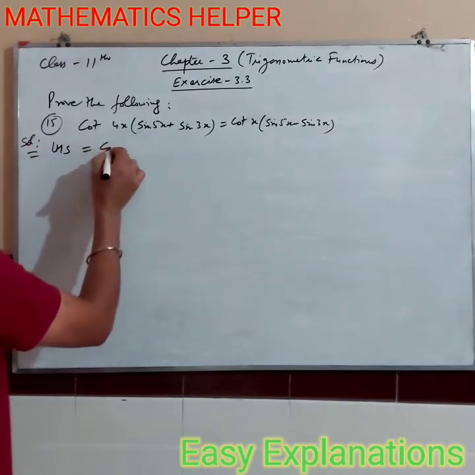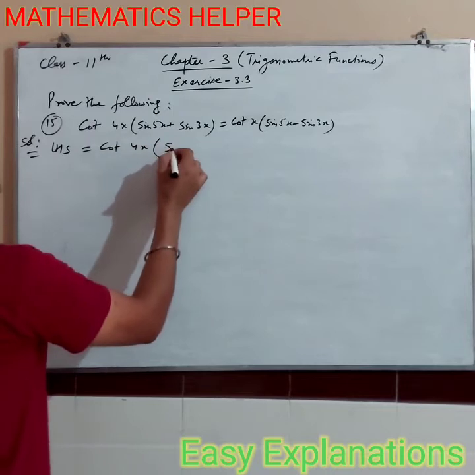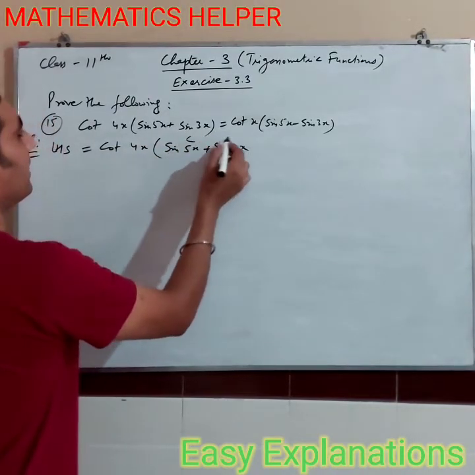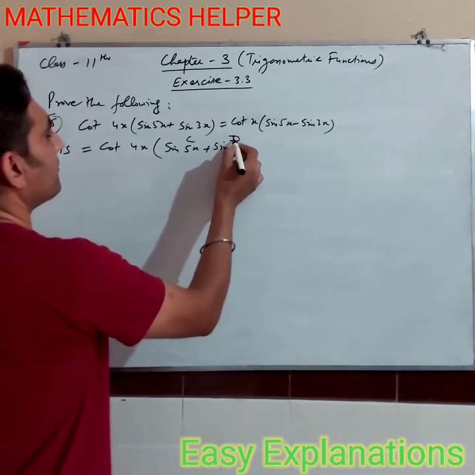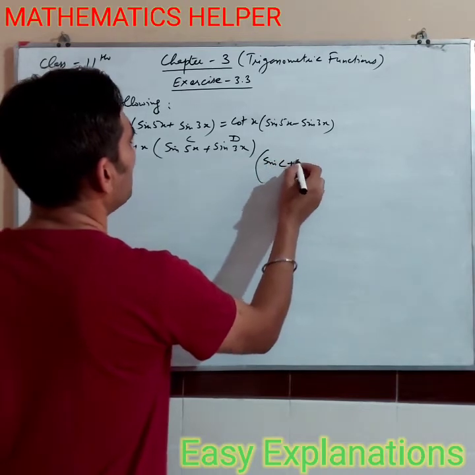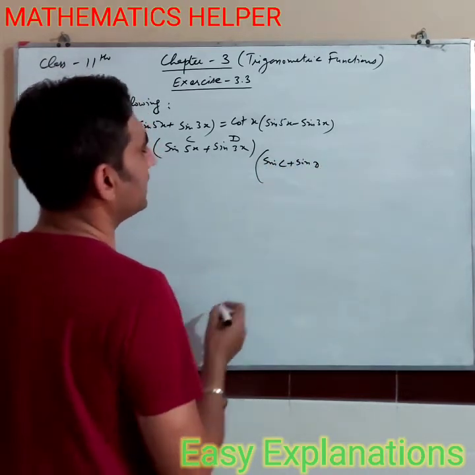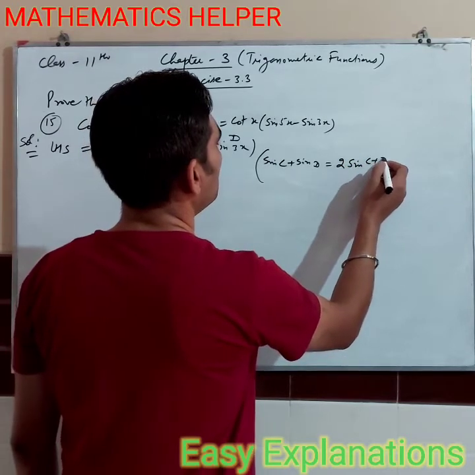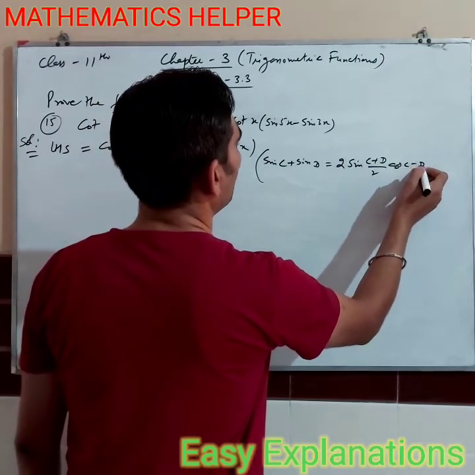So it is cot 4x into sine 5x plus sine 3x. If we treat them as C and D, we can use the CD formula, sine C plus sine D. Try to remember that formula. That formula says we have to write 2 sine (C plus D) over 2, cos (C minus D) over 2.